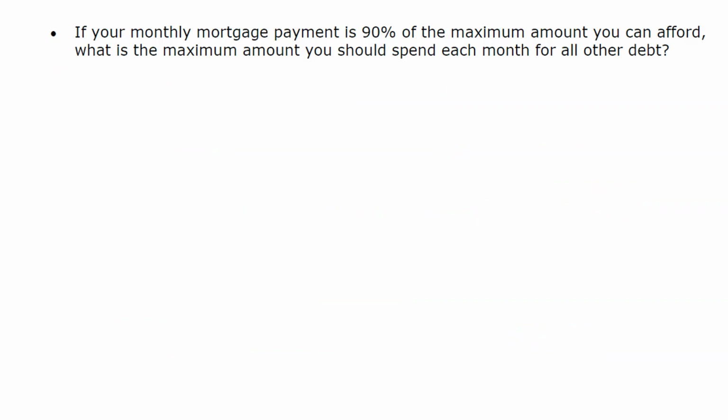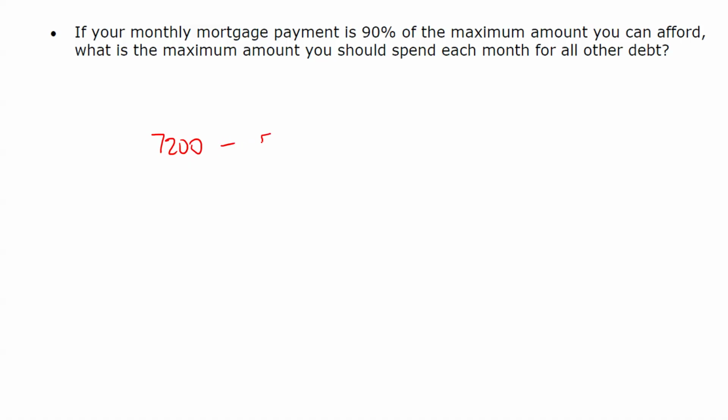Now, if your monthly mortgage payment is 90% of the maximum amount you can afford, what is the maximum amount you should spend each month for all other debt? Well, we know that the maximum amount we should spend each month for total credit obligations is 7,200. That's the limit. Our mortgage payment is 90% of the maximum amount for mortgage payments.